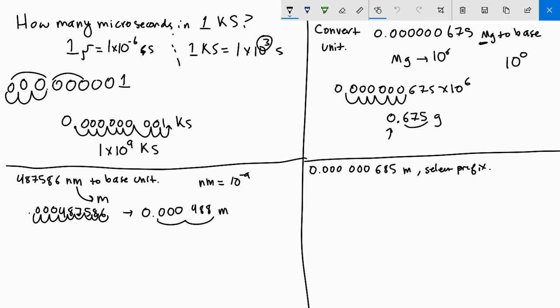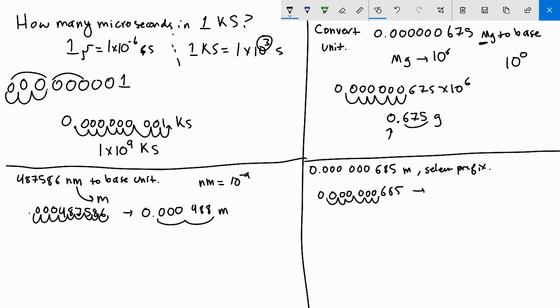So we're going to write out our number. 0, 0, 0, 0, 0, 0, 6, 8, 5, our decimal. We're going to make this negative 6. So we're going to move our decimal. We're going from a bigger number to a smaller number. We're going to move our decimal to the right. 1, 2, 3, 4, 5, 6 times.